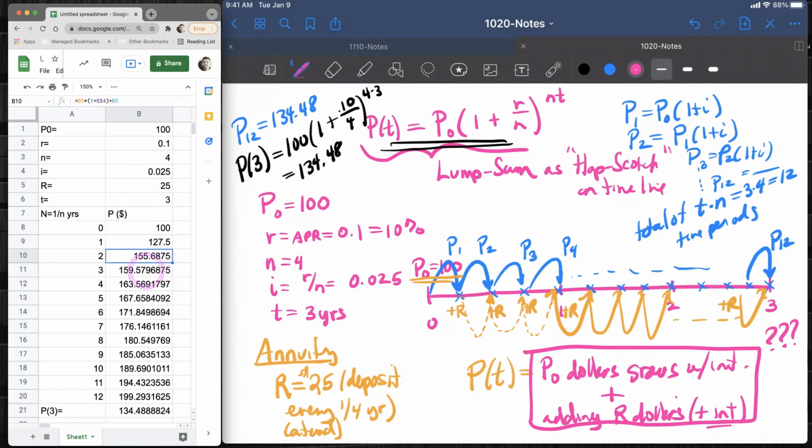Let's go to the next value and look at what it should be. It should be the amount that we grew previously, that B10 value in orange there. That's going to grow via the interest rate per period, and then we're going to add on the payment after that is done growing in interest.